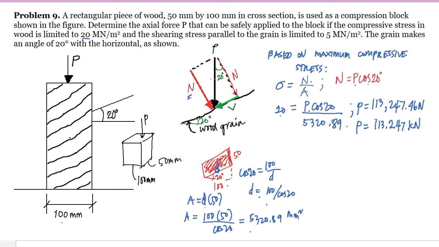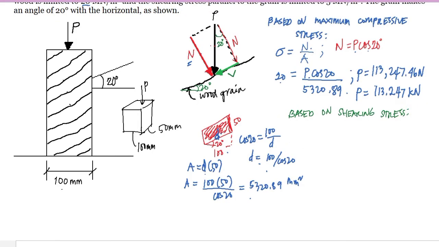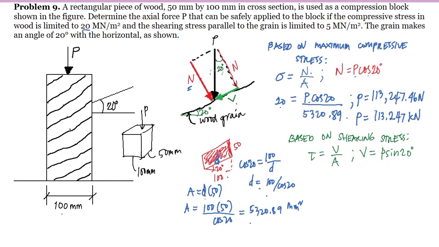Now if we are going to base on the shearing stress, so we have the shearing stress is equal to the shear force over the area. So from here we have the shear force is opposite of 20 degrees and the hypotenuse is P, so that is sine, and we have V is equal to P sine of 20 degrees.